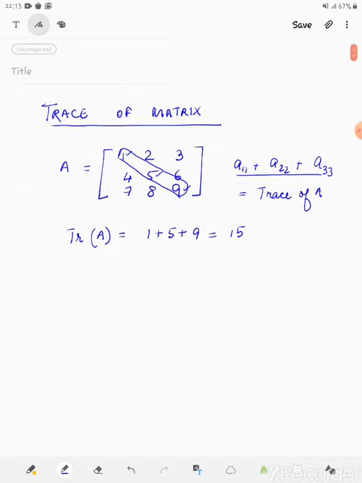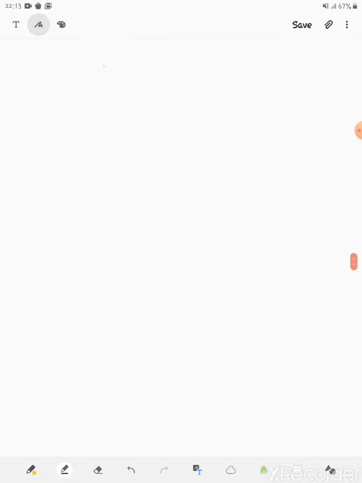Now we come over to the next topic in the chapter of matrix, that is transpose. This is also with regard to any kind of matrix. स्क्वायर हो सकता है, रेक्टेंगुलर हो सकता है, वेक्टर मैट्रिक्स हो सकता है.